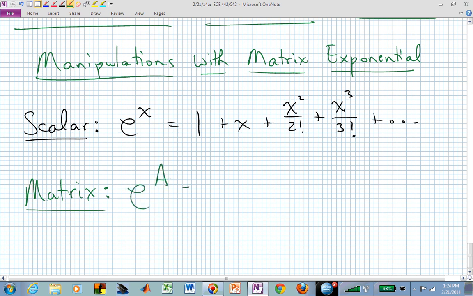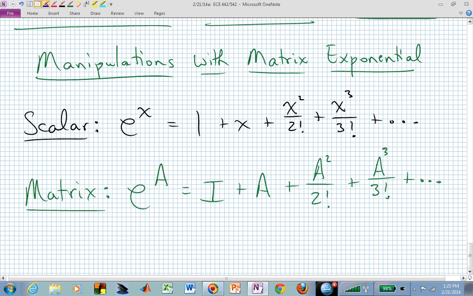Now if we want to compute a matrix exponential e to the matrix A, instead of 1, we now have a square identity matrix I, which is the same dimension as our matrix capital A. Then we have plus A plus, and now we have A squared over 2 factorial. Remember, 2 is just a scalar, so it can be in a denominator. Then we have A cubed over 3 factorial, etc.